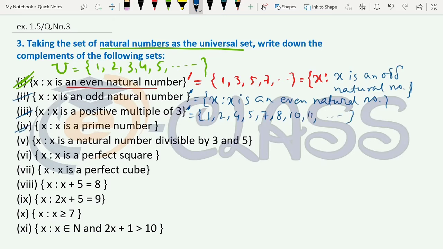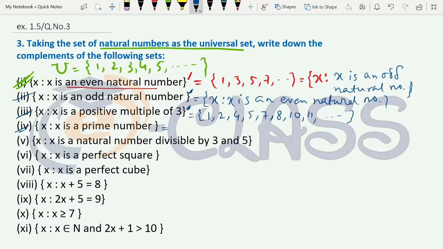Okay, now question number 4. X such that x is a prime number. Okay, so first of all, 1 is not prime.